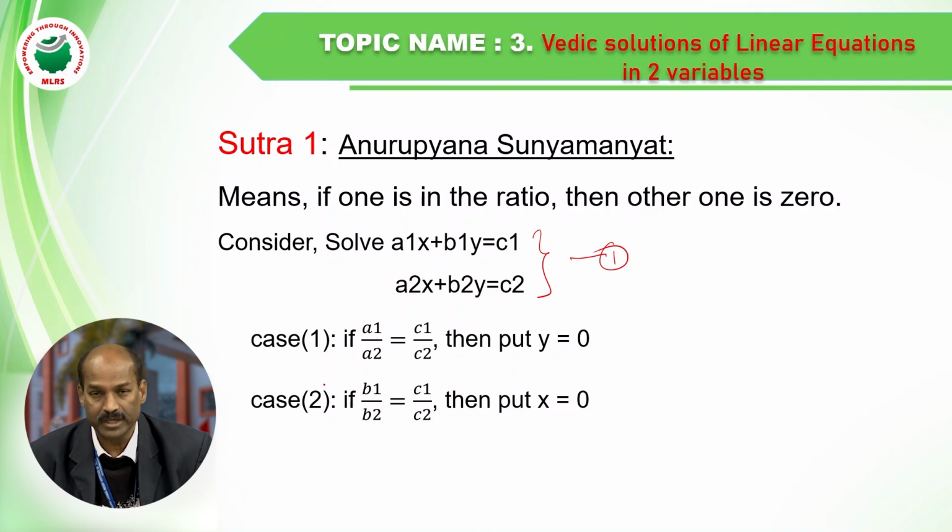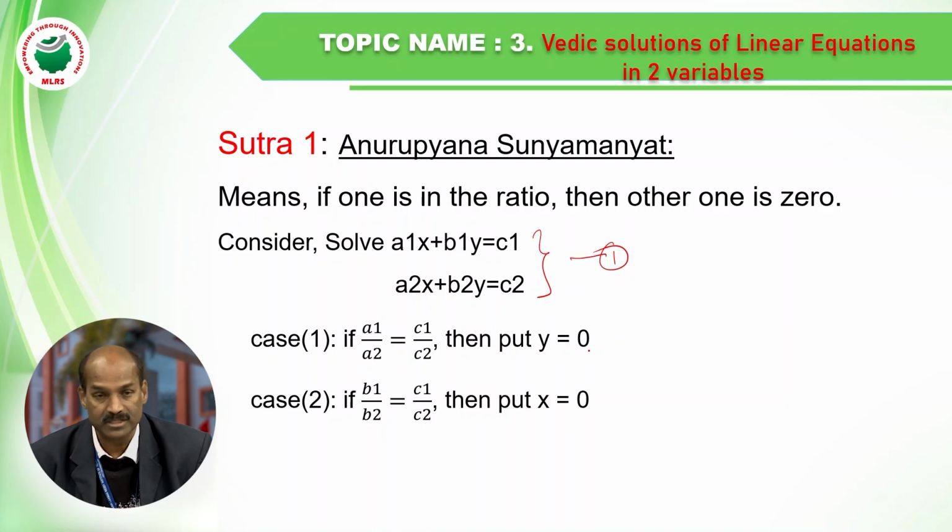Suppose we want to find the unknown values x, y. Now in this there are two cases, case 1 and case 2. What is case 1? One ratio means you take the ratio of the x coefficients, a1 by a2. If a1 by a2 equals the constant ratio c1 by c2, then put y equals 0. Why y equals 0? Here we considered the x coefficients ratio a1 by a2, so the other variable is y.